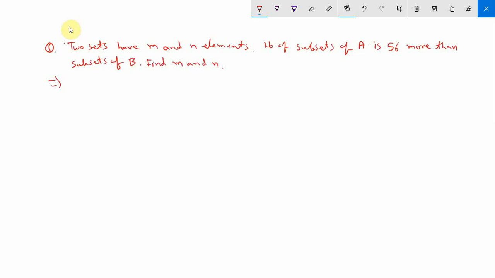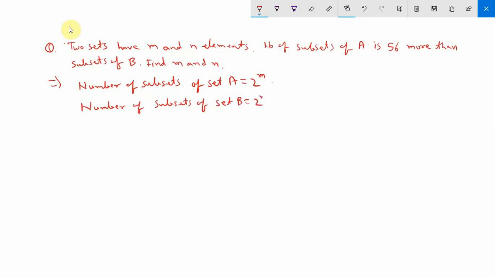So we can write here: the number of subsets of set A is 2 to the power m, and the number of subsets of set B is 2 to the power n.